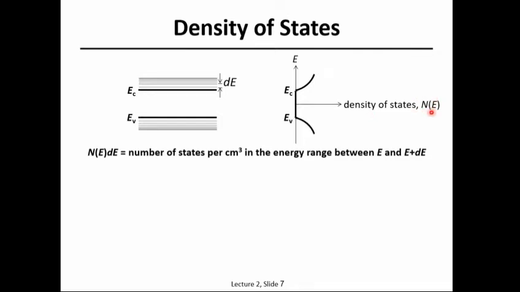Why do we need to obtain the density of states? As I said, if I know the density of the states that electrons are occupying, then I can integrate over that region to obtain the concentration of electrons. Now you're asking, why do we need the concentration?